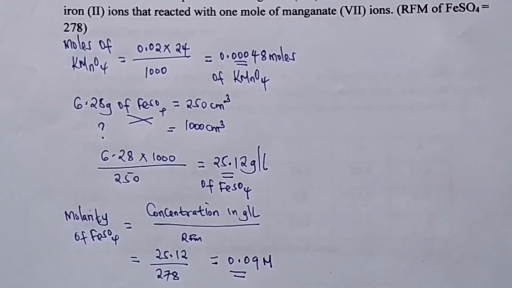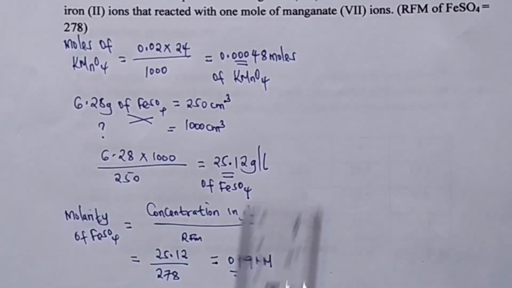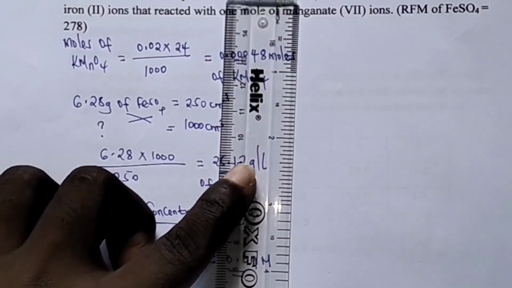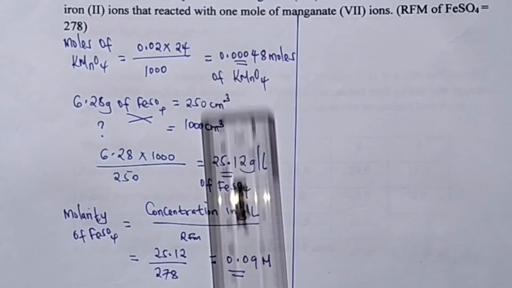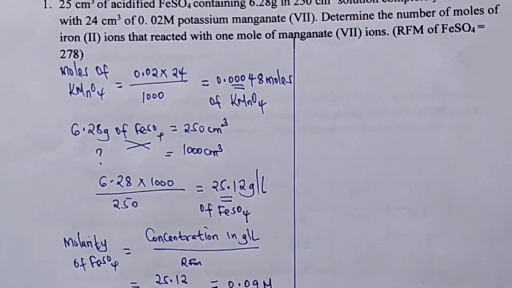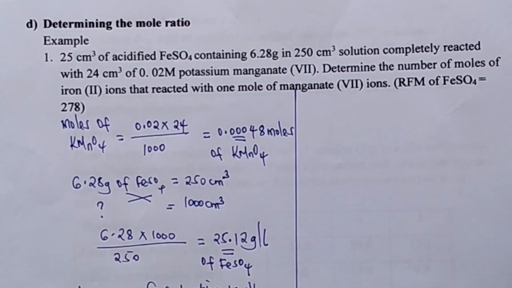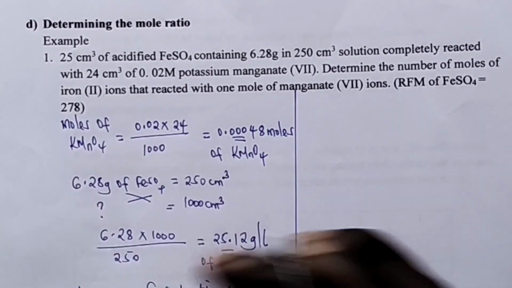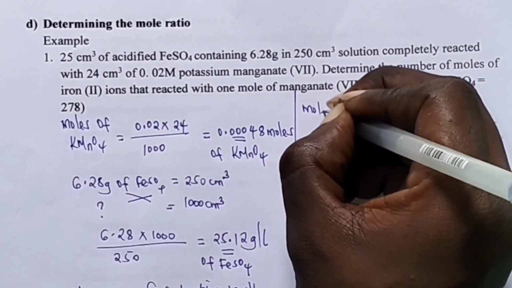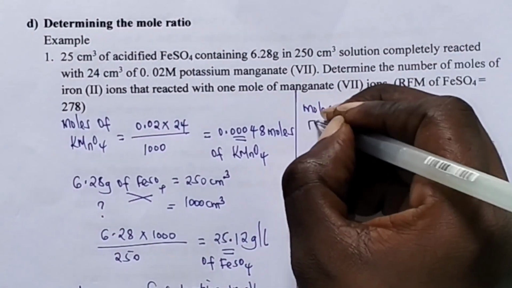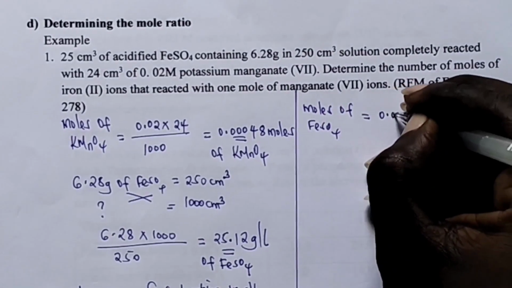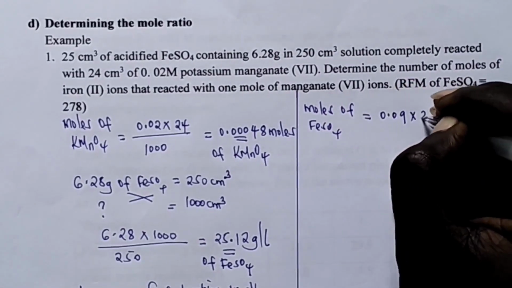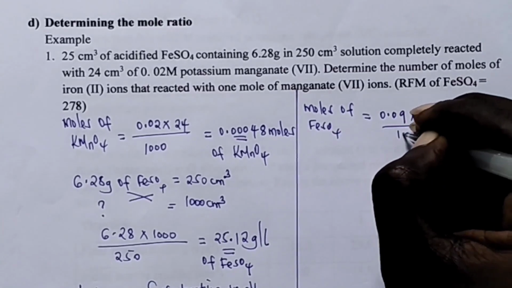Next, we are required to get the number of moles of iron 2 sulfate, because we have gotten the molarity and the volume is given in the question. So let's check the first step. We are told 25 cm³ of acidified iron 2 sulfate. So we have the volume. That means moles of iron 2 sulfate is given by molarity, which we have gotten now 0.09, multiplied by the volume, which is 25, and divided by 1000.